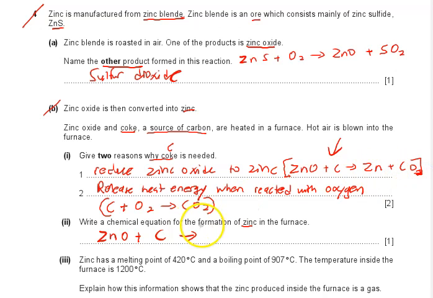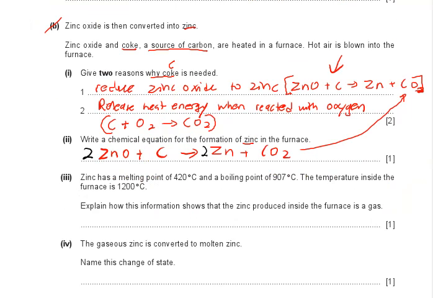Okay, so here we have zinc and carbon dioxide. So make sure you do the correction here. This is supposed to be carbon dioxide, and we balance the equation, don't forget this. And here we have CO2, so here we put 2, and zinc is 2, the rest is done. Okay, so this is our equation.